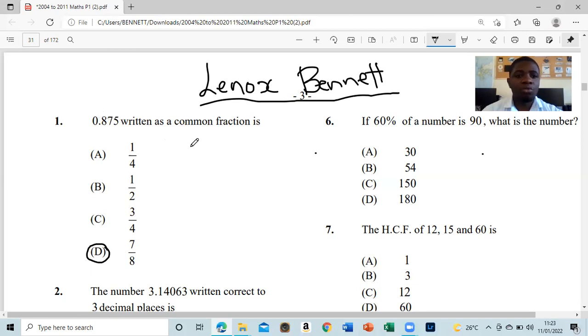So it will be 875 over 1,000. And we'll break it down, right? But we don't necessarily have to do all of that because these are less than 0.875. So we know these fractions by heart, so we can just proceed.